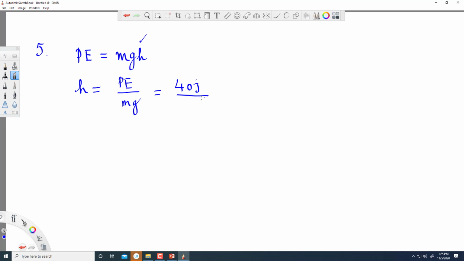Mass is given, 2 kilogram, and g is the acceleration due to gravity, and its value is 10 meters per second squared. That's what we use always, 10 meters per second squared, and then you do the math.